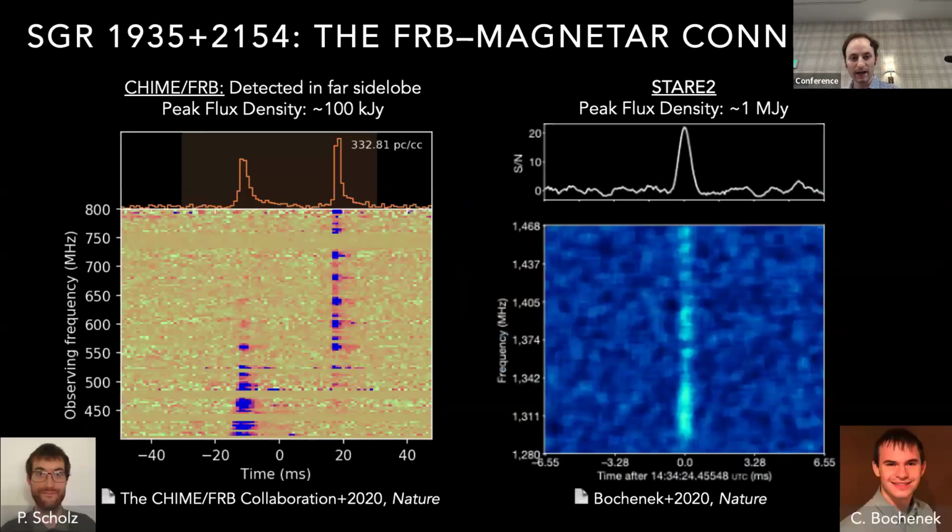So I'm going to transition back to focusing on FRBs and X-rays. I mentioned a bit about SGR 1935. In 2020, we saw a mega-Jansky radio burst, an FRB-like burst from SGR 1935 that really solidified the connection that some FRBs are likely produced by magnetars. And if such a burst had been detected from a nearby galaxy, it would have been indistinguishable from an FRB.